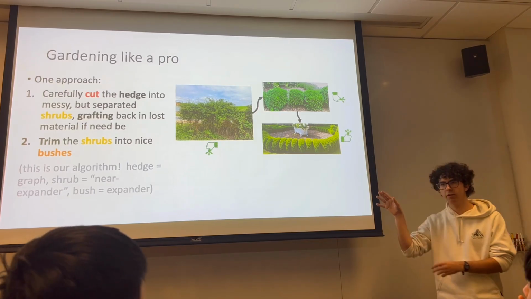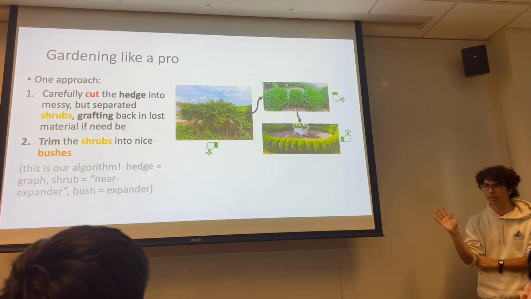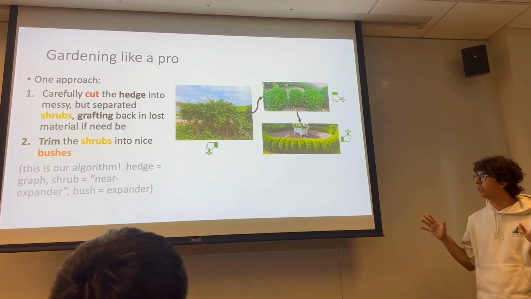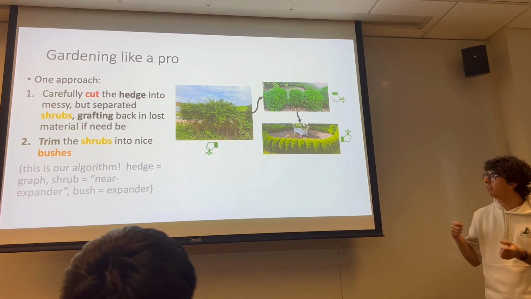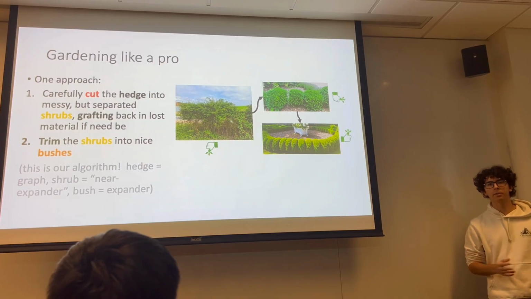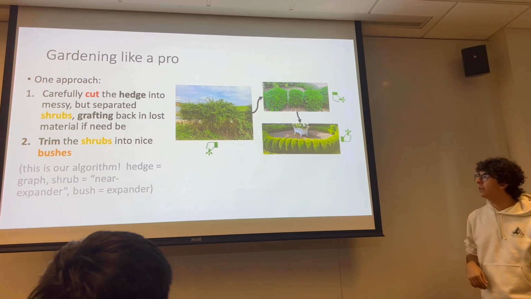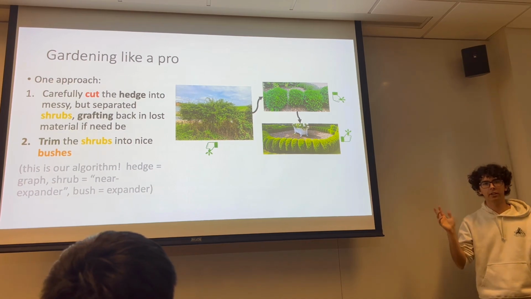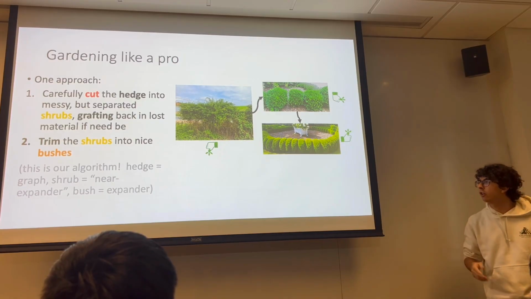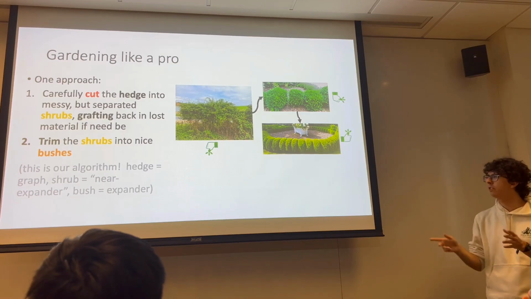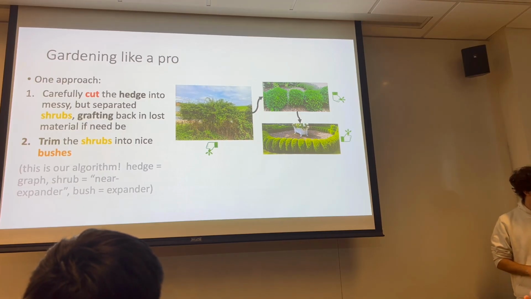If you're not familiar with that word grafting, I'll say what that is in a second. And then you have these separated shrubs. They're not quite cleaned up, so you trim them into nice bushes. So that goes from that top step to here. And actually this is our algorithm, where the hedge is the initial graph, the shrub is a near expander, and the bush is an expander. And I'll say what near expanders are.